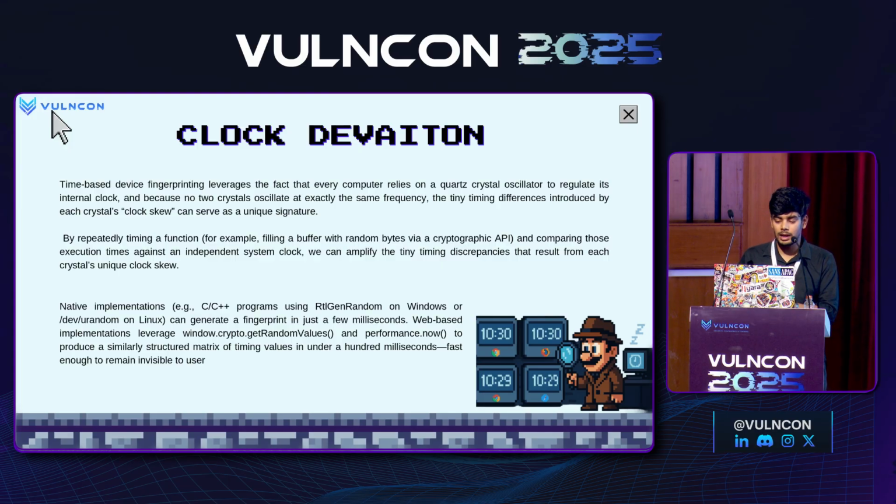These differences introduced in those 2 quartz crystals create the clock skew that can serve as a unique signature as well. Now, we compare these tiny differences, and we get a fingerprint for that clock. And then we compare it with another clock that is independent from that system, and then we get a value of those discrepancies, and then we use it to create a fingerprint.